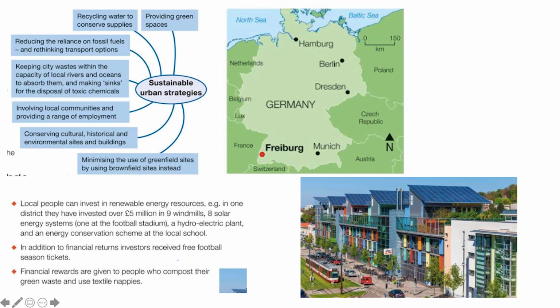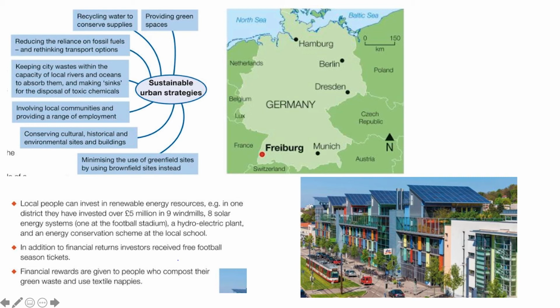Now these strategies are to encourage providing green spaces for people, recycling water, reducing the reliance on fossil fuels, rethinking your transport options, keeping city waste within the capacity of local rivers and oceans to absorb them, involving communities, local people in making decisions, conserving cultural, historical and environmental sites and buildings, and minimising the use of greenfield sites by using brownfield sites instead.